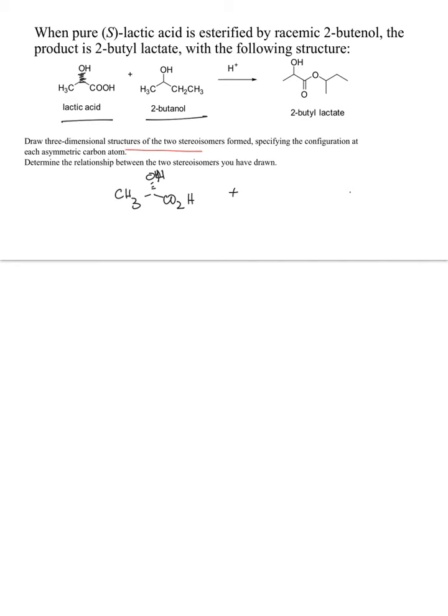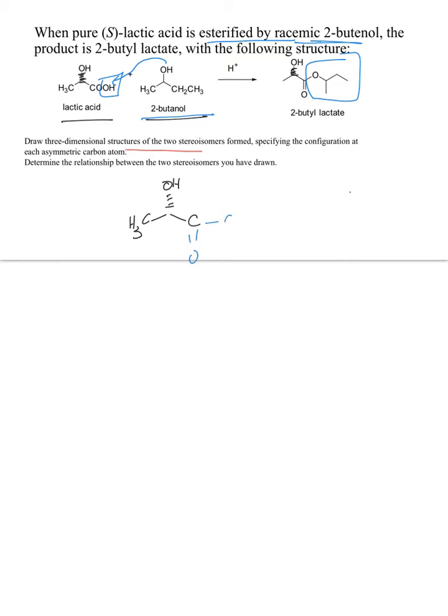Okay. And what happens is this carboxylic acid, this is going to stay. This is not touched. Okay. And it is this alcohol that is going to form your ester. This is your ester portion. And this is esterified by racemic 2-butanol. So what you have then is the S is not going to be bothered because the stereocenter is not touched during the reaction.